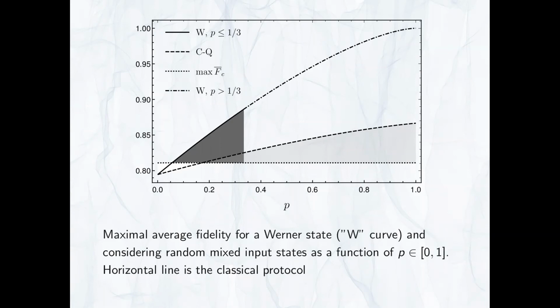Here we have the correlations of the resource. We are moving the parameter of the correlation of the resource. Exactly. The horizontal line here is the classical average fidelity.